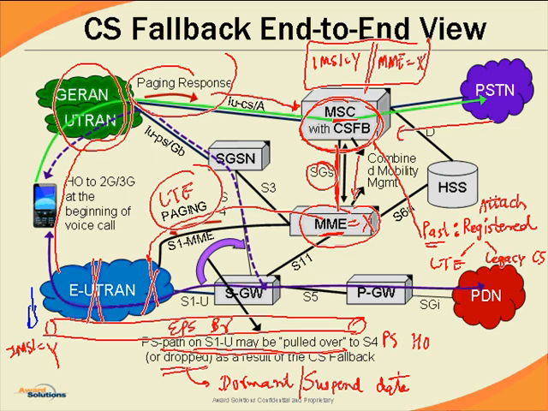So whenever we have change in the tracking area, basically resulting in some cases in the change in MME, we will update the MSC with that. So let's say UE goes from one MME area to another MME area. So when the UE does the tracking area update, then the new MME will inform the MSC that, oh, by the way, I am the MME in charge of the UE.